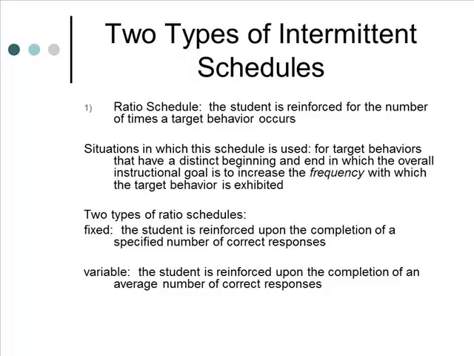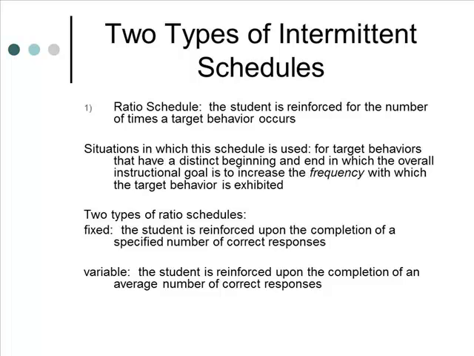A variable ratio schedule has the student being reinforced upon the completion of an average number of correct responses. So going back to our example, maybe 5 is chosen as the average, but we're not going to hit a hard and fast 5 every time. We're going to maybe reinforce the first time every 3 responses, then every 6 responses, then every 4 responses, then every 5 responses, then every 6 responses.